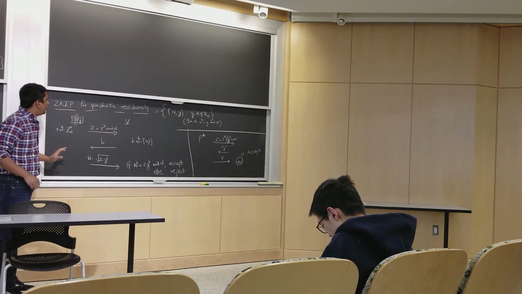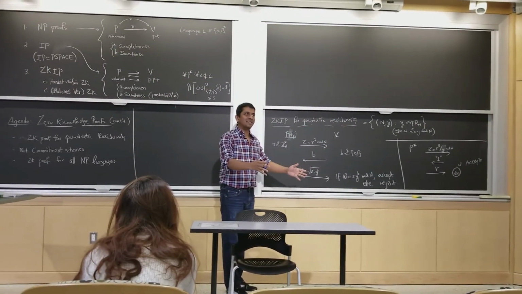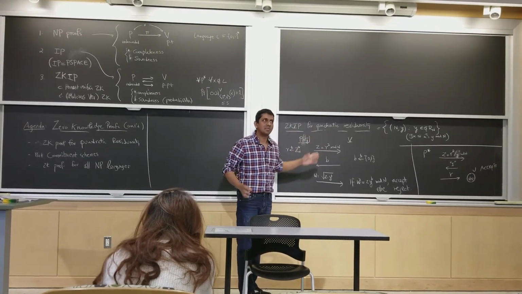Okay, so what did we just talk about? Completeness is complete. If everyone acts honestly and Y is a quadratic residue, the verifier will accept.